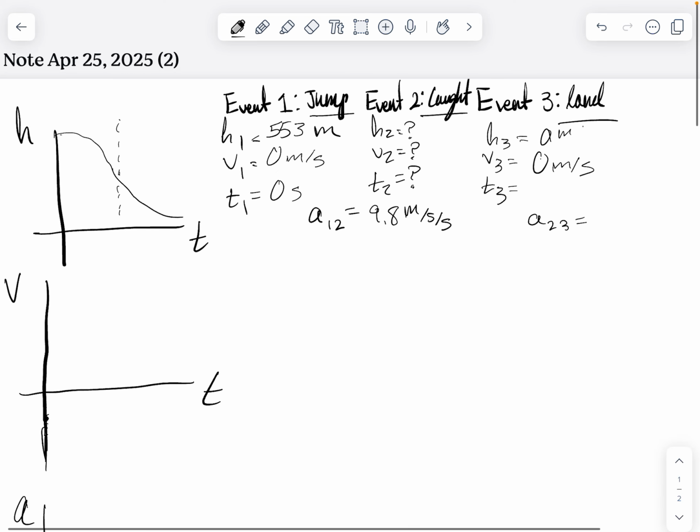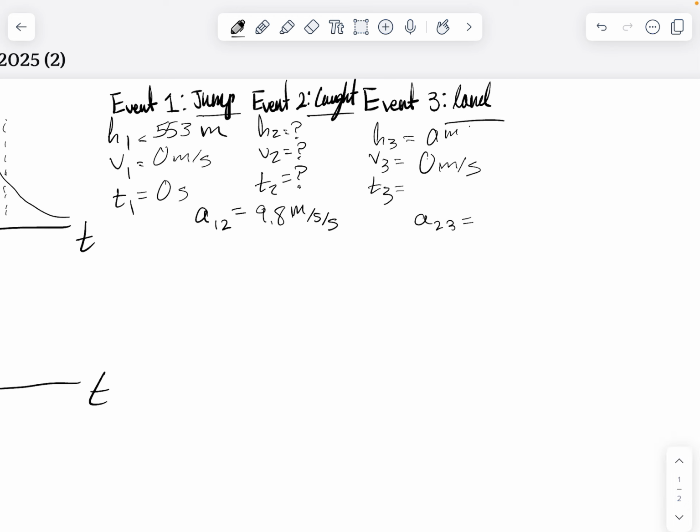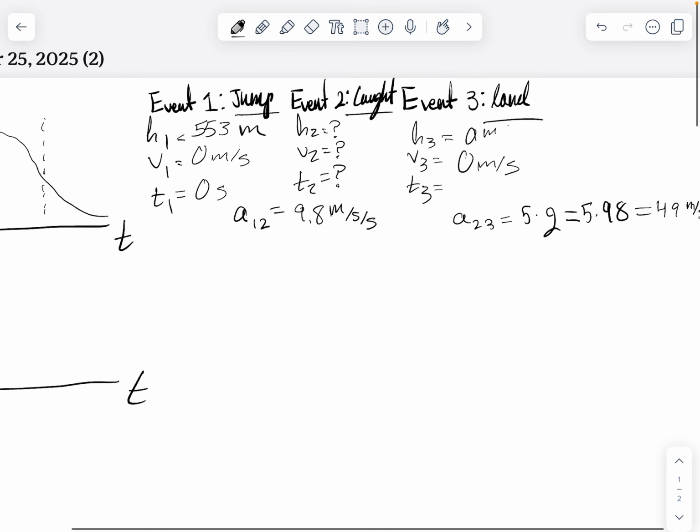A23, we know that in the problem they say the Rocketeer has to be traveling 5 times the speed of the person falling in order to catch up, because they fall 5 seconds later, so it's 5 times g, which equals 49. And we don't know time.